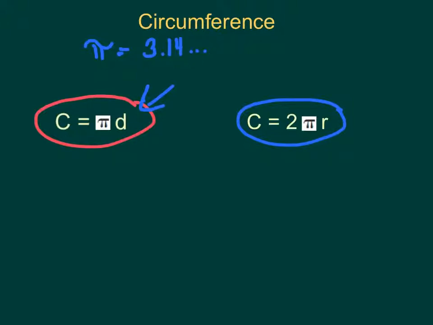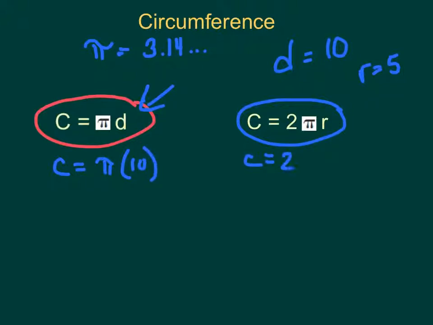If my diameter equals 10 and my radius equals 5, let's do some quick calculations. Circumference equals pi times 10, and circumference equals 2 times pi times 5.